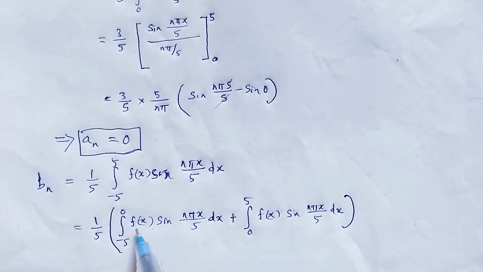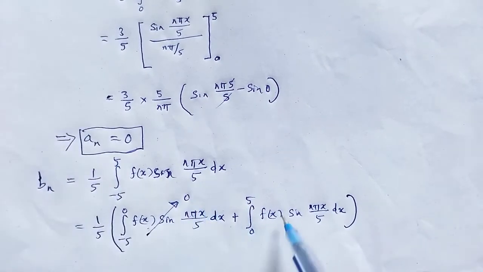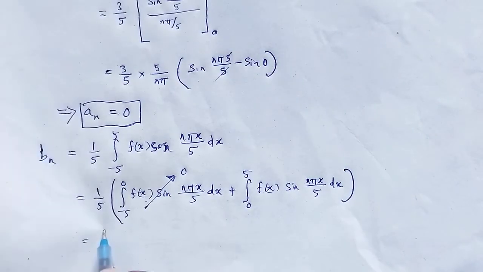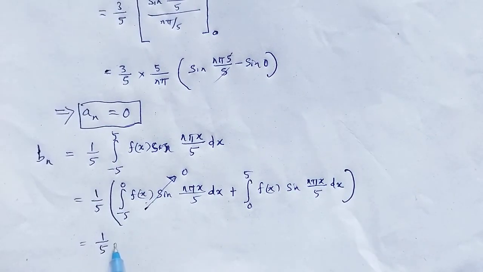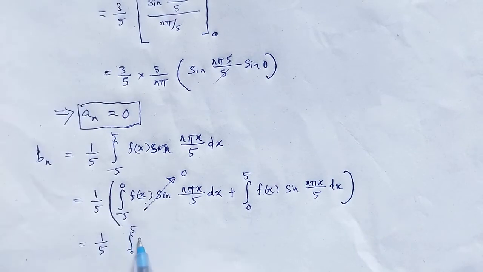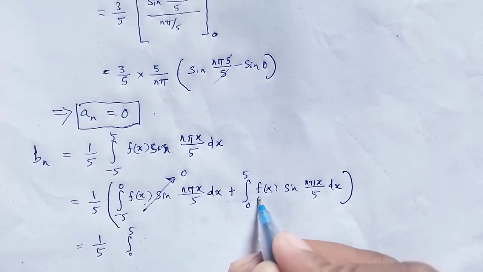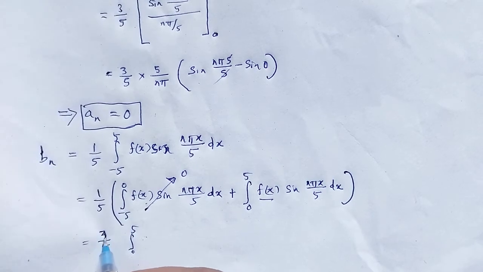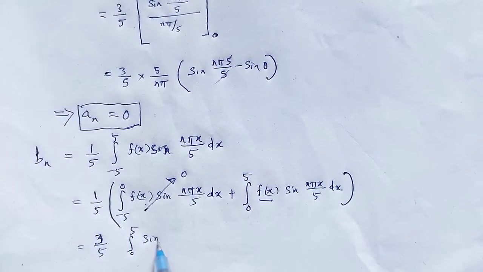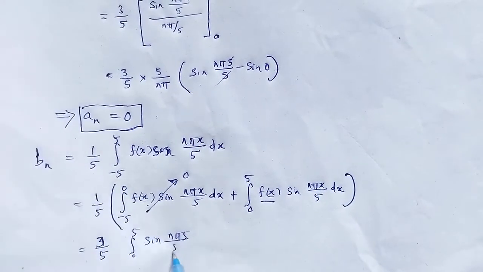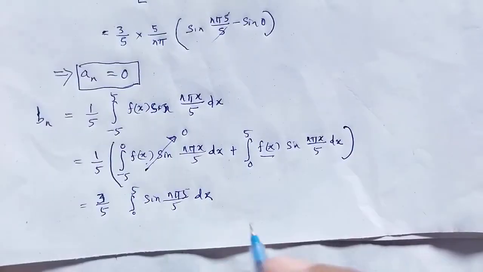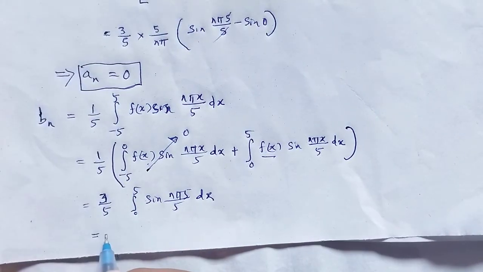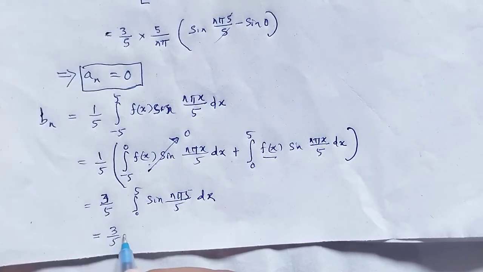Here f of x is 0 in the first region, only the second term exists, therefore that is 1 by 5, 0 to 5, where f of x value is 3, sin n pi x by 5 dx.